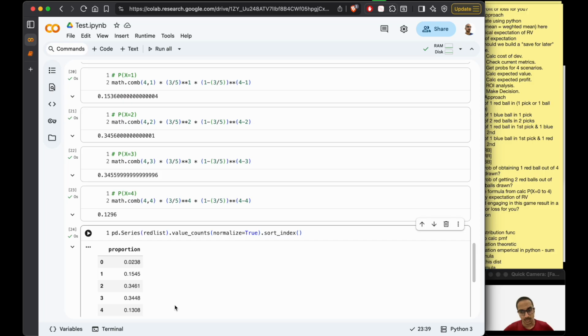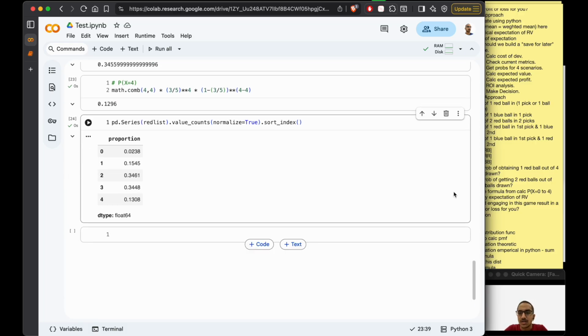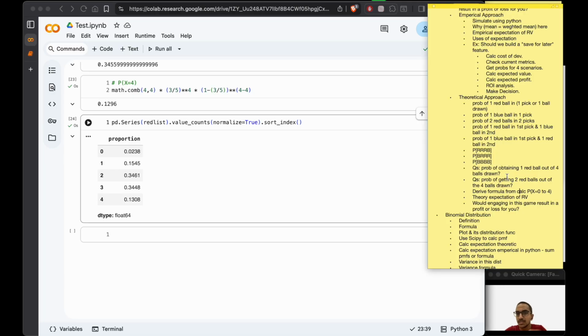If we perform more, our empirical values will start converging with the theoretical values. So that is basically the empirical and theoretical approaches, how we can compare them and see how well our model fits reality.